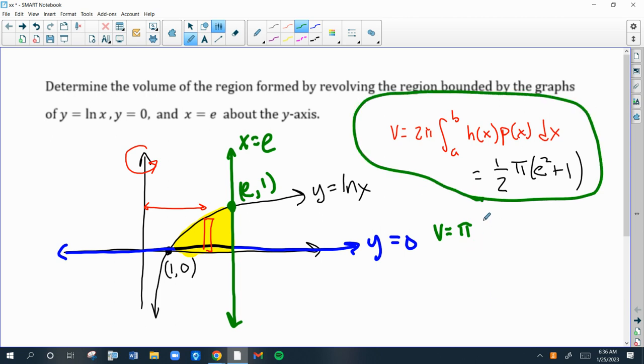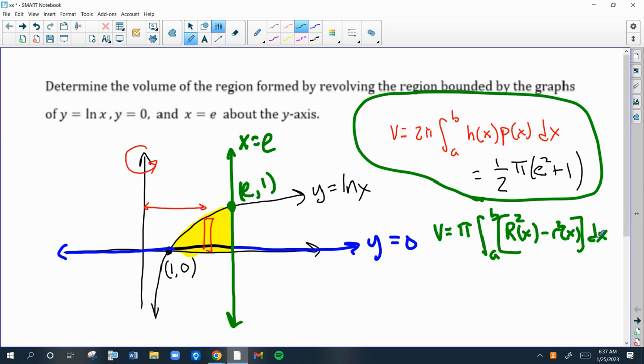So the disk method again is pi, integral from a to b, of big R of x, which is the outer radius, squared, minus little r of x, which is the inner radius, squared, dx.